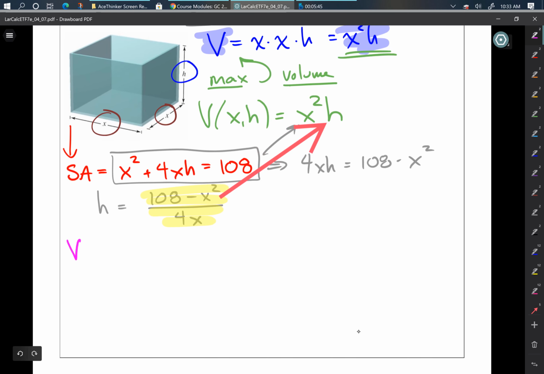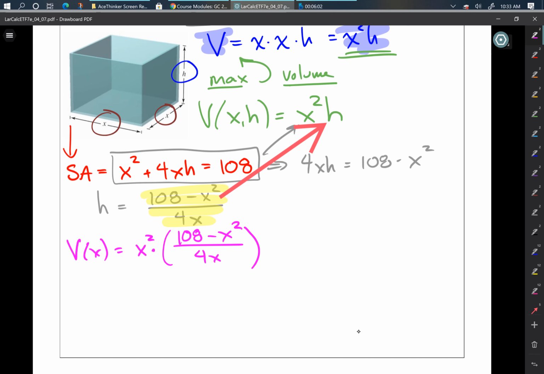So volume as a function of x is x squared times h, but h is (108 minus x squared) over 4x.